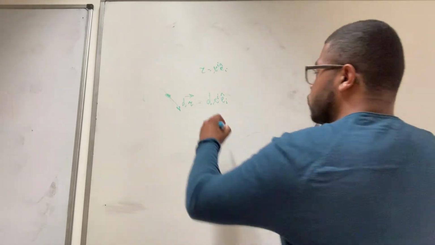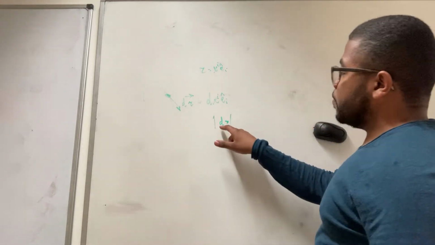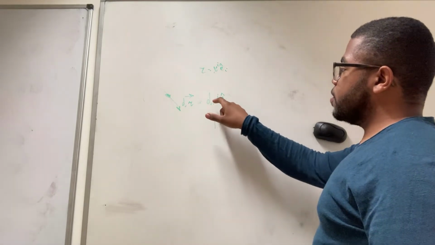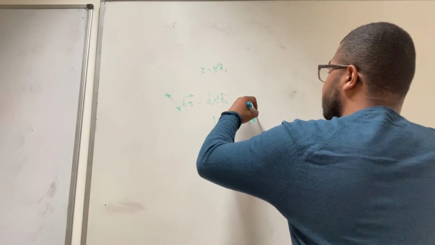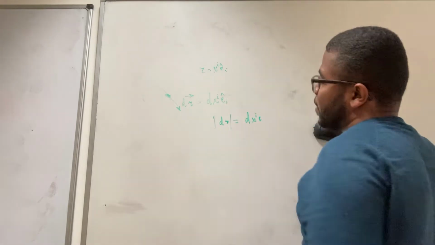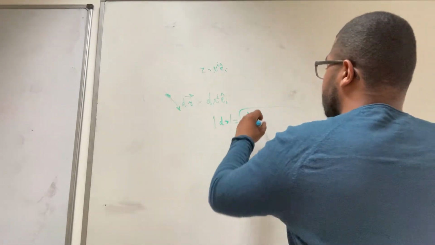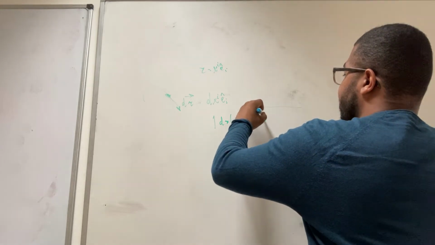In essence, if I want the magnitude of the displacement vector, then of course I'd want the dot product of this with itself. What that would look like is the following. So I'd have to take the square root of dx^i multiplied by e_i hat.